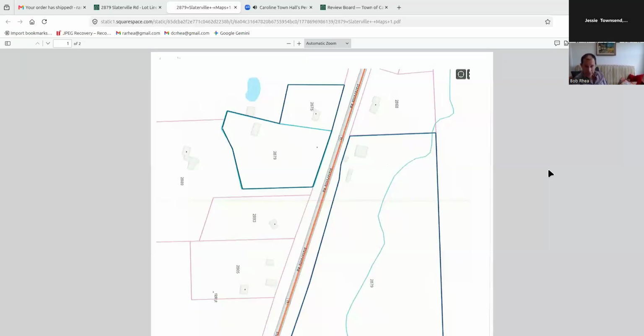So if this doesn't meet your definition, no lot line adjustment will. Unless it's very small. Just land can't be presented to this board that had a lot line adjustment with a parcel with half an acre of land that was behind another lot, had no road access.